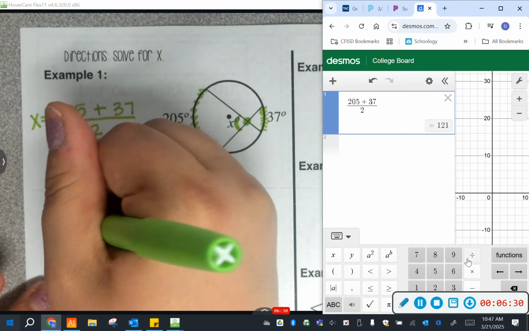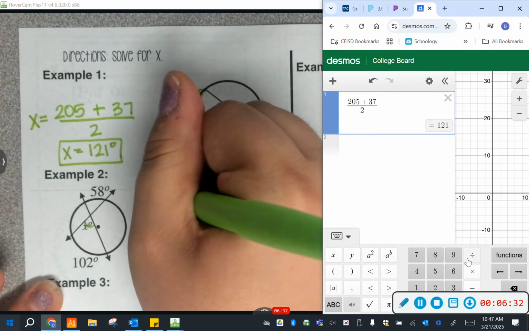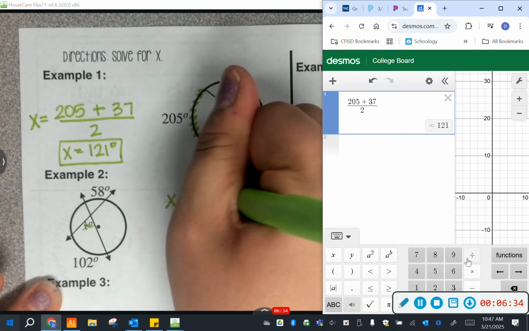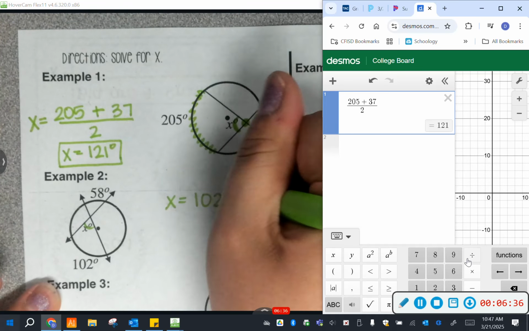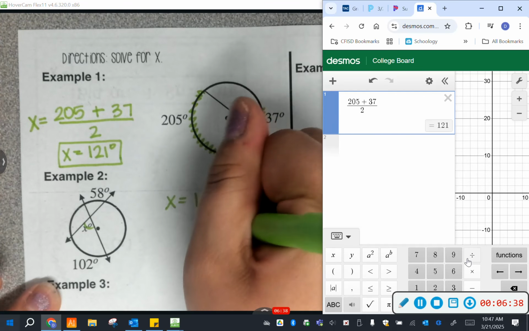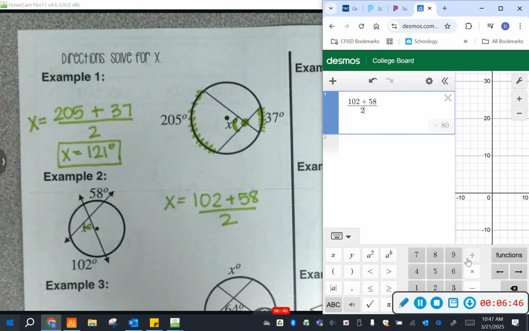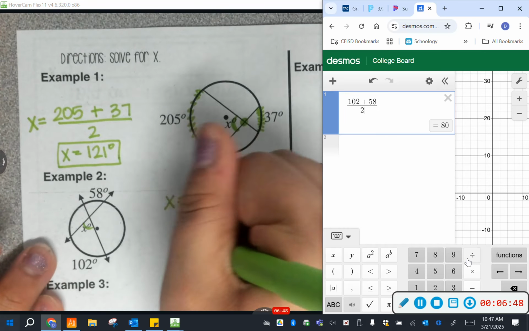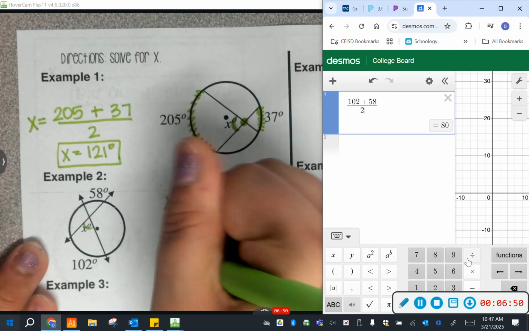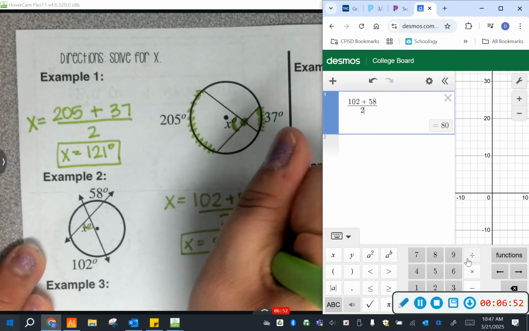What is your equation to finding x? 102 plus 58 divided by 2. Perfect. X equals 80 degrees.